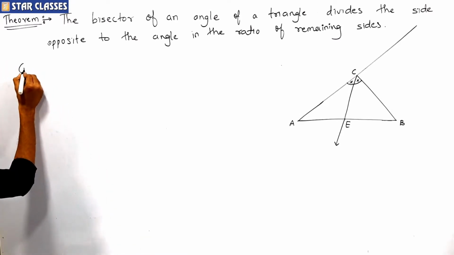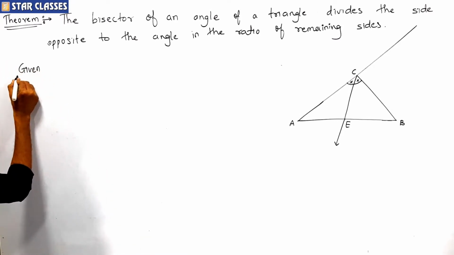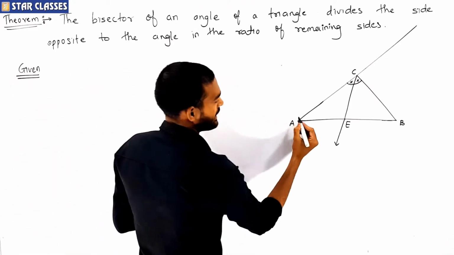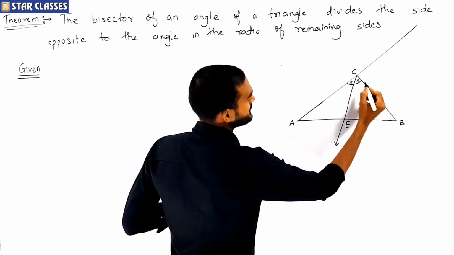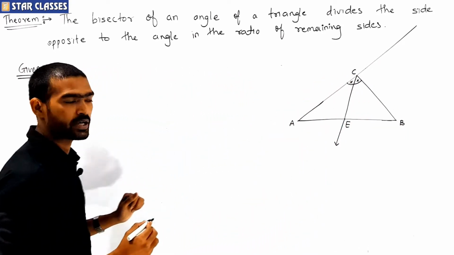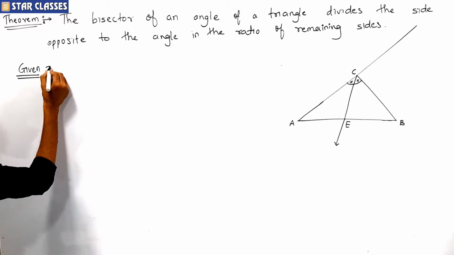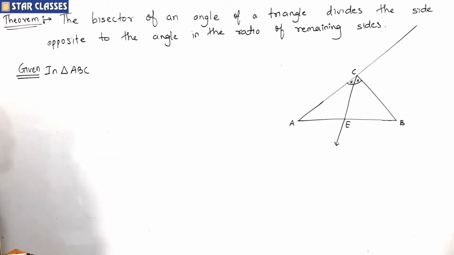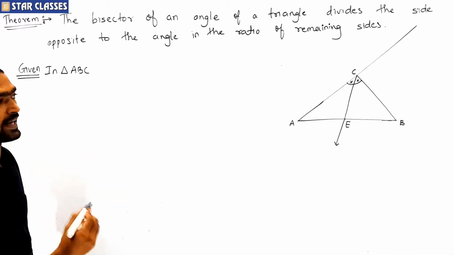First, we'll mention given. Now, what is given? Let us see. Here we can see A, B, C is a triangle. So first we'll write in triangle A, B, C. What else we know?